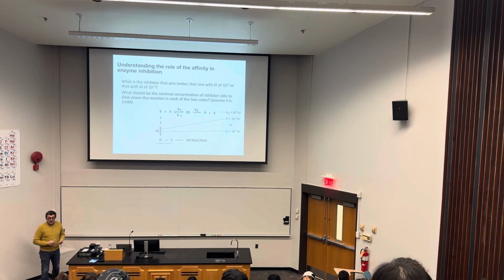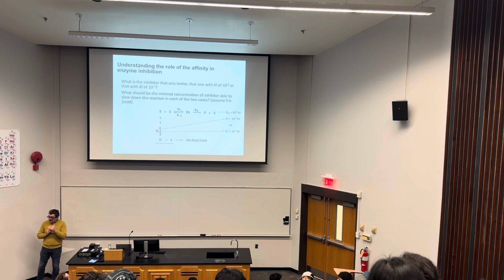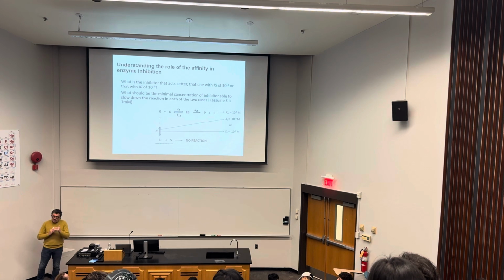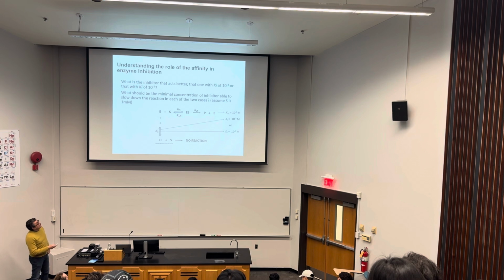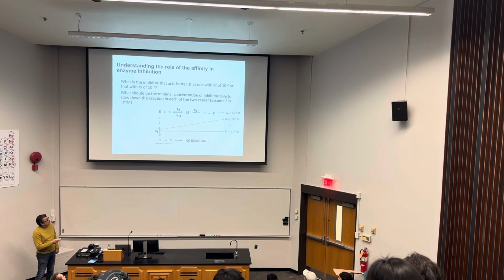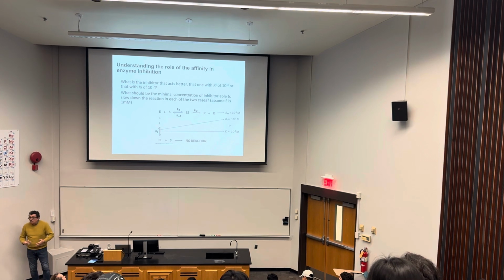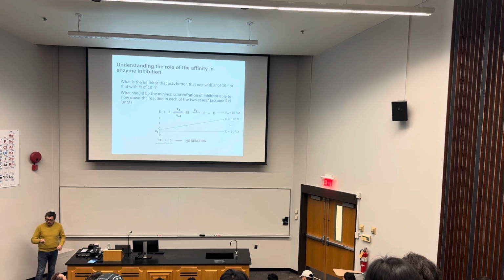That is why the example is there, to make you understand that it's good to think through every single thing. All right, so that is the one that will largely stop this reaction because it has higher affinity than S. While this one will still stop the reaction, but with lower affinity, so it will slow down a little bit, but not as much as the one with 10 to the power of minus 7.